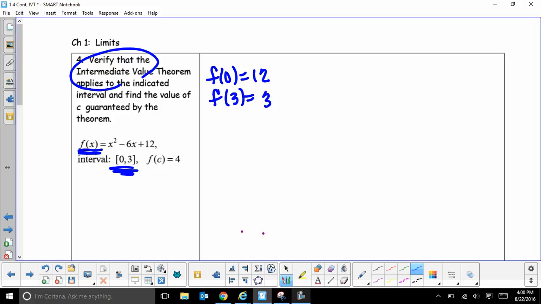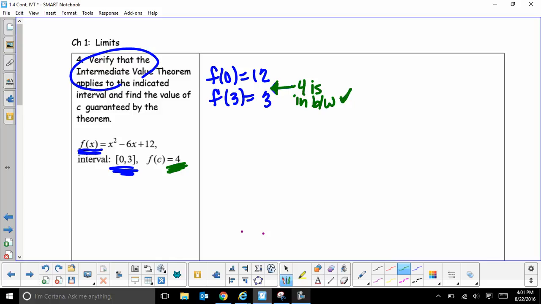The reason it's called an intermediate value, that's an in-the-middle value. I want to know if this value, this is my k, that the theorem would guarantee, that 4 is in between those. It's an intermediate value.